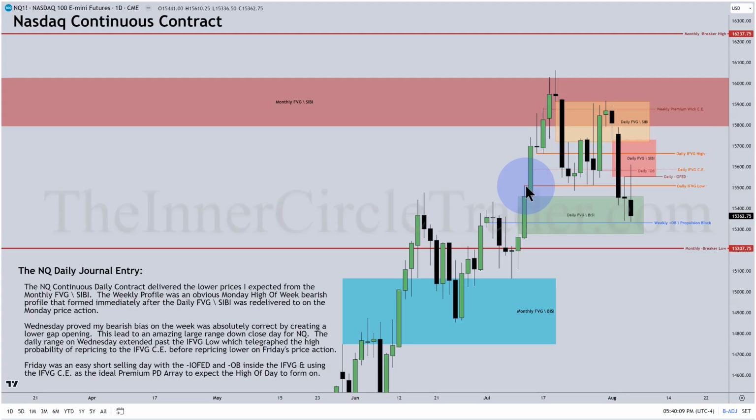An inversion fair value gap is narrative based. If we take away the context of it wanting to go lower, prior to this lower, this is just simply a fair value gap, buy side imbalance, sell side inefficiency.